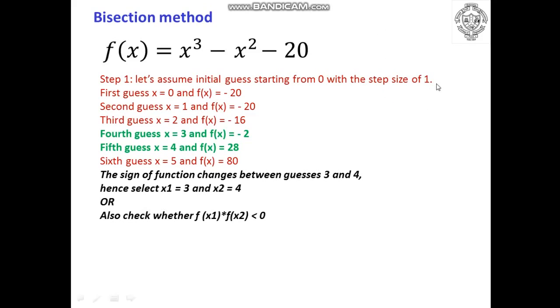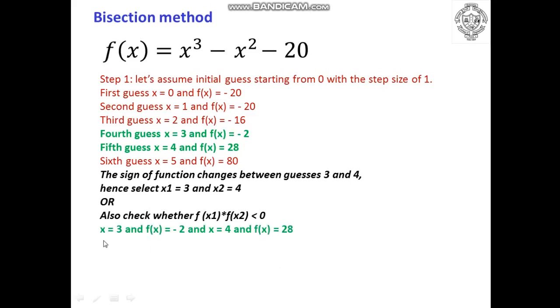If you take the step size as 2, obviously you will get correct accuracy, but it will consume more iterations or more steps to converge towards the root. Hence it depends on you to select the step size. I have selected it to be 1, and now we will see what happens next.